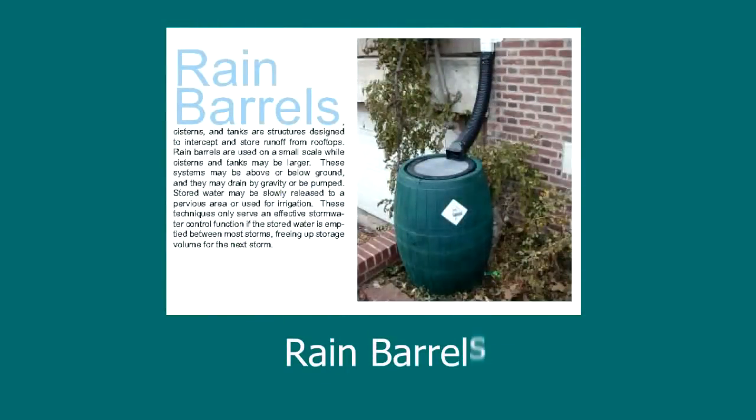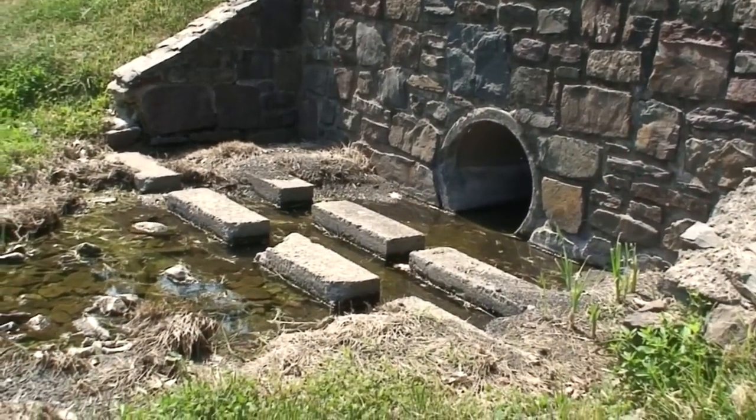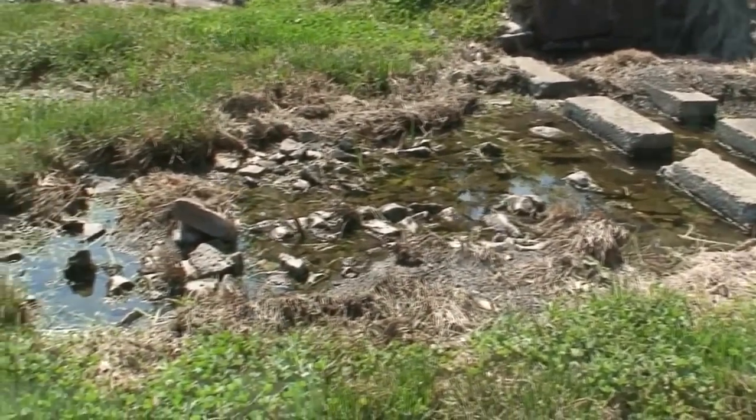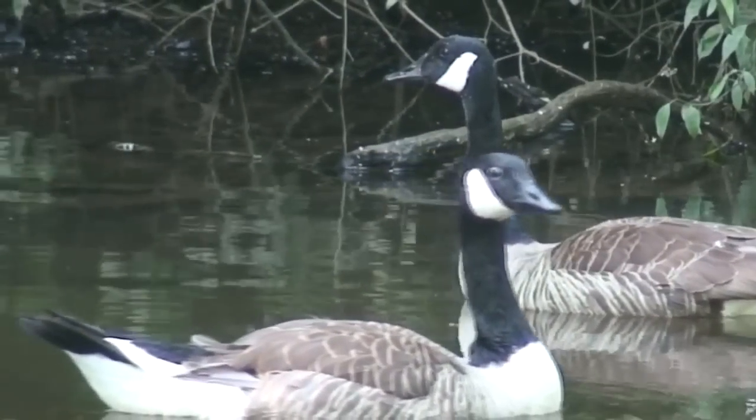Also things like putting rain barrels under your gutters to prevent that water from leaving your site, from going into this underground system of pipes and culverts that eventually ends up in our streams without being treated. Why not use that water on site to water your vegetable gardens or do other things around the yard? This is the best way to treat stormwater. Keep it on site so it doesn't become the problem that it causes when it causes thousands of dollars worth of damage.